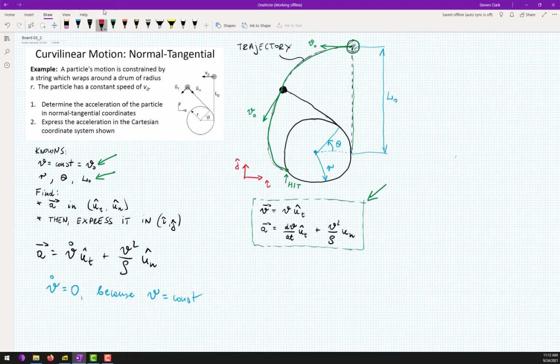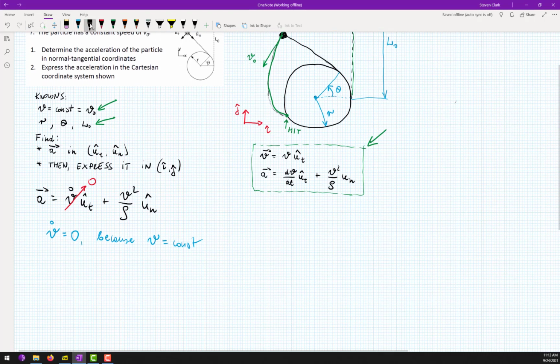Great, that simplifies our expression significantly. So our a is v squared divided by rho un. Let's plug in values. We know that v is constant, so I can write v0 squared over rho un. And maybe some of you can tell me what is the expression for rho, how to find rho.